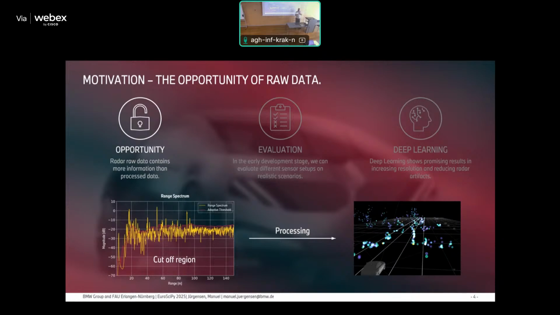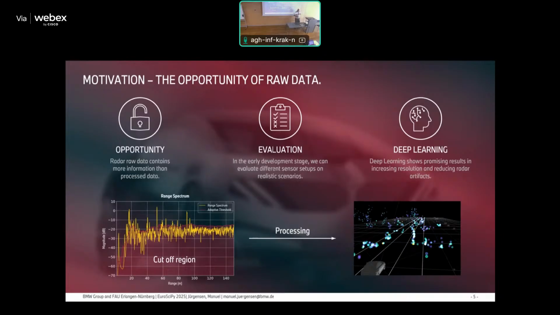So the opportunity which arises is that if we take all this data and put it into a machine learning model, we may be better at generating a picture like this. That is the opportunity of deep learning in the radar domain. Also, if we have a large-scale database, we can evaluate different radar sensors in different configurations. And the deep learning part I already told you.